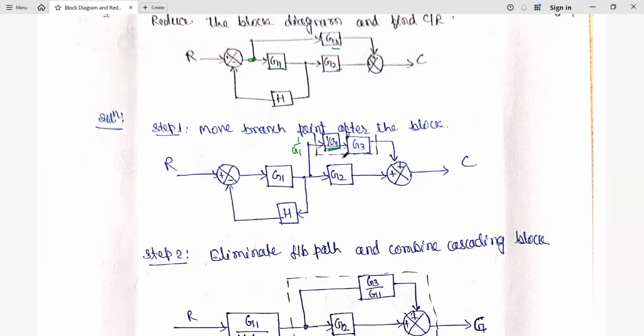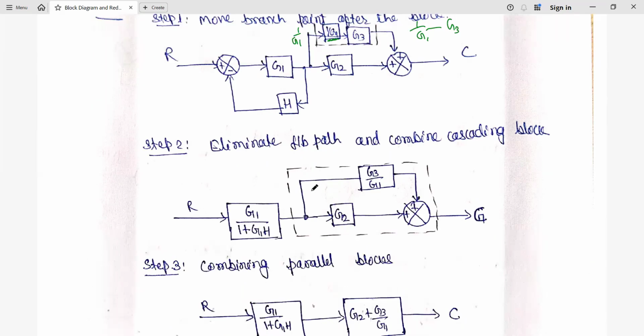Okay. So now next, this 1 upon G1 and G3 both become cascaded. So next we'll apply the cascading rule. These two will be cascaded, meaning they are multiplied, as we have already seen. So we have here G3 by G1.